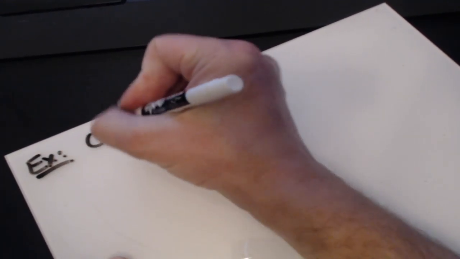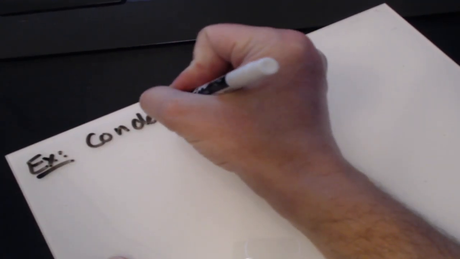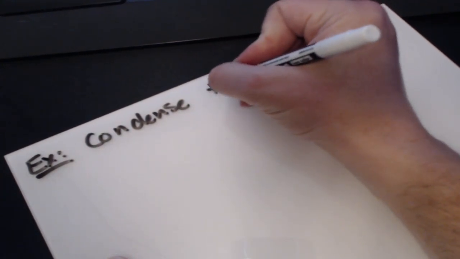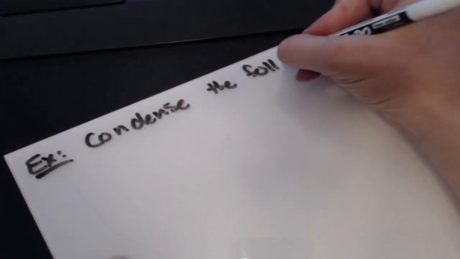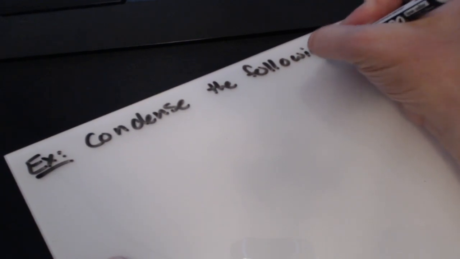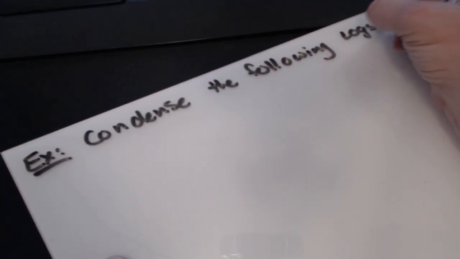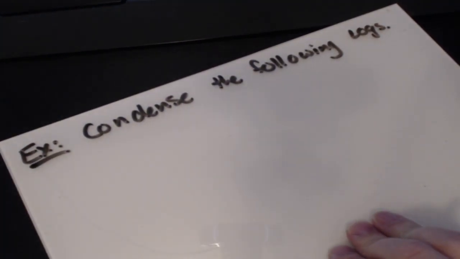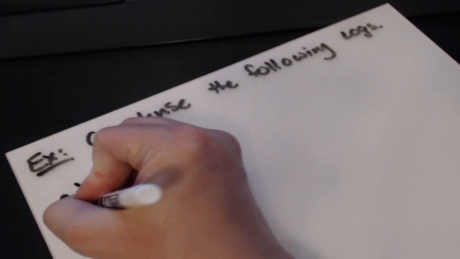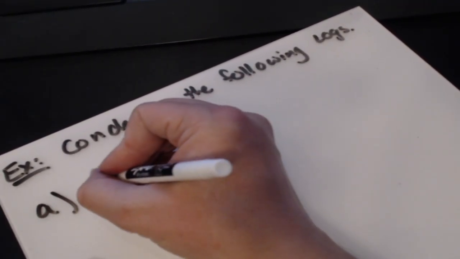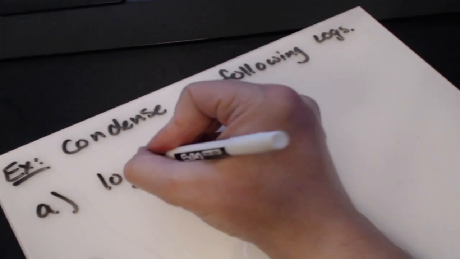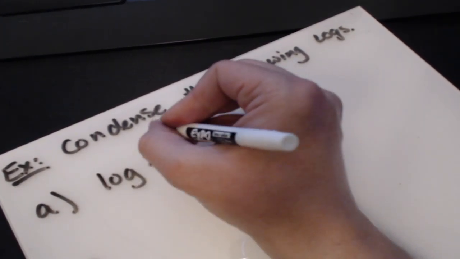So let's talk about condensing the following logs. All right, and when we do that, we could have log base x, or just log of x to the 3rd power.